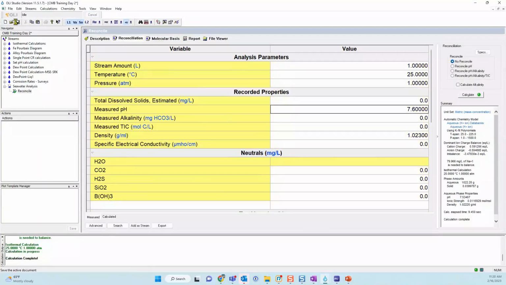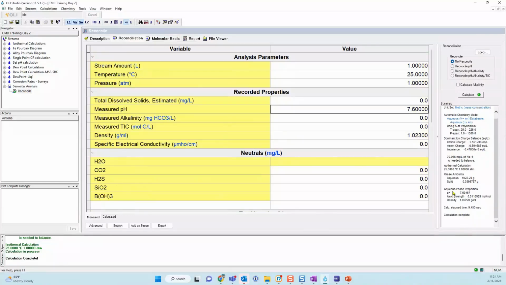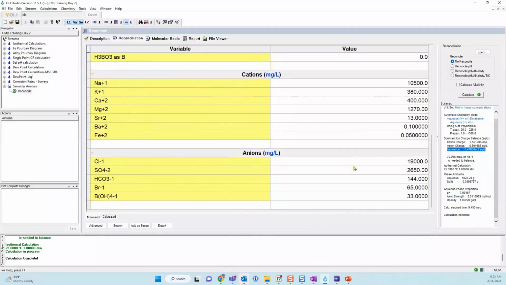Okay, so the calculation was completed. To the right, again, you'll see the summary of what happened, what the software has done. It had to do a charge balance. It measures how many cations in equivalents per liter you have versus the anions, and you'll see that there is a negative imbalance, meaning that there are more anions in solution than cations.